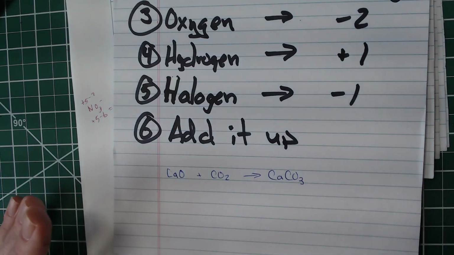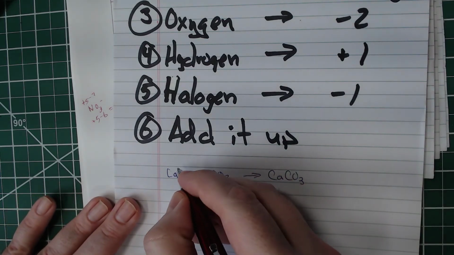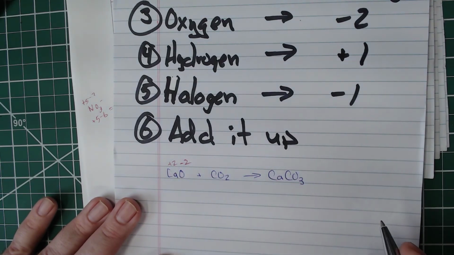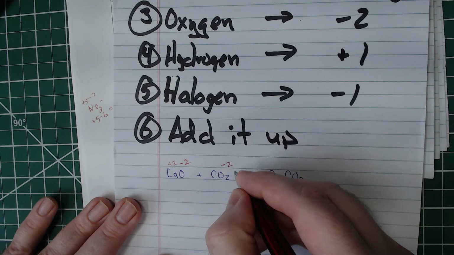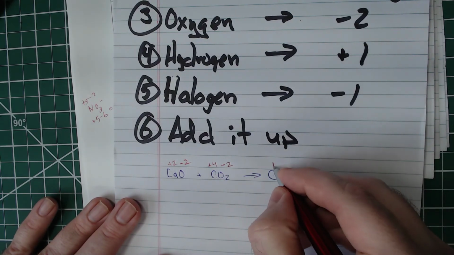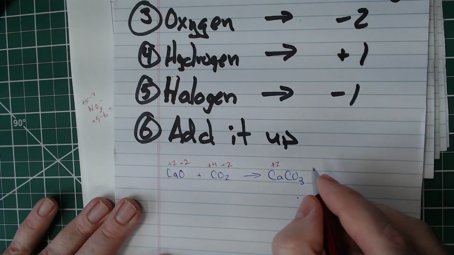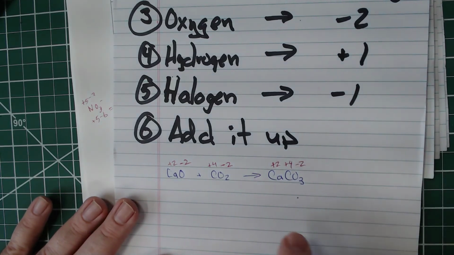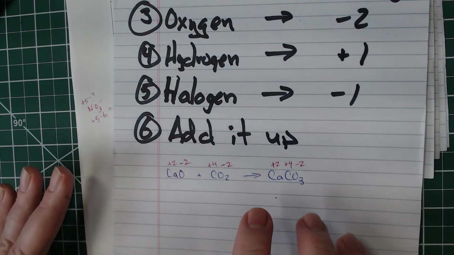And if you look, you will see the oxidation numbers. So +2, -2 for that. We've got -2 for the oxygen and +4 for the carbon. And then for calcium carbonate, we have +2 for calcium, -2 for oxygen, and +4 for the carbon. You'll notice here the oxidation states don't change.